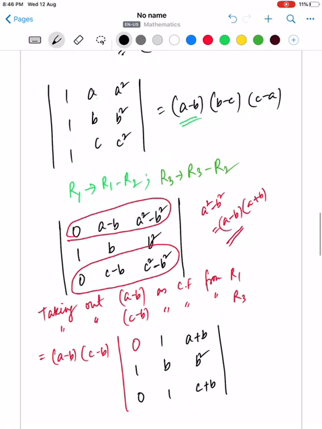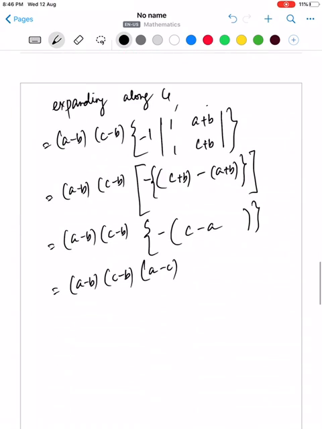Now in the given question, what is that? The question is A minus B, B minus C, and C minus A. This is my question, right? But we are getting A minus B, C minus B, A minus C. So these two are of opposite sign, right? Clear? So I will take minus from here. Actually, we don't require a step like this. If I take minus from here, it becomes B minus C, right?